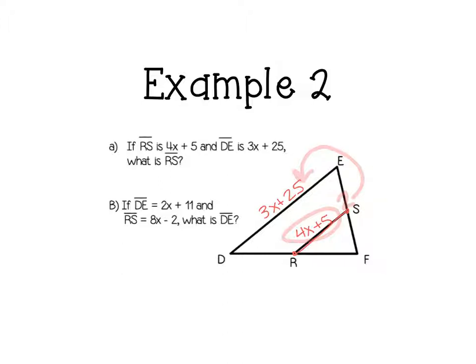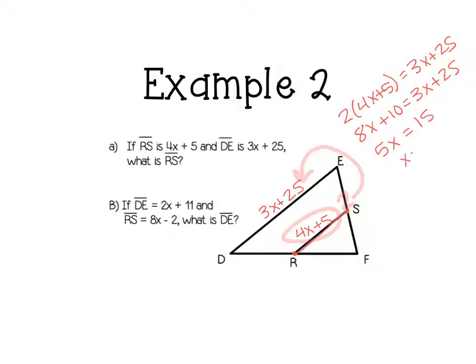So what I can do is say 2 times 4x plus 5 equals 3x plus 25. So 8x plus 10 equals 3x plus 25. That's 5x equals 15. So x equals 3. But it asked me to find RS. So 4 times 3 plus 5 is 12 plus 5, which is 17.